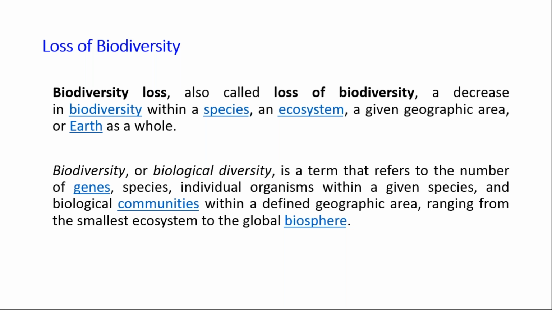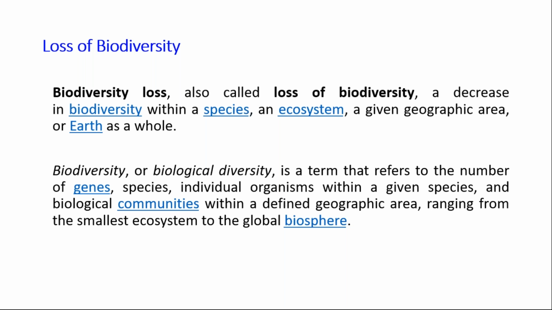Now what exactly is biodiversity loss? It is a decrease in biodiversity within a species, an ecosystem, a given geographic area or the earth as a whole. Nowadays the simple example is that the number of tigers is decreasing. The tigers present a century ago and the tigers present in 2020 are different.